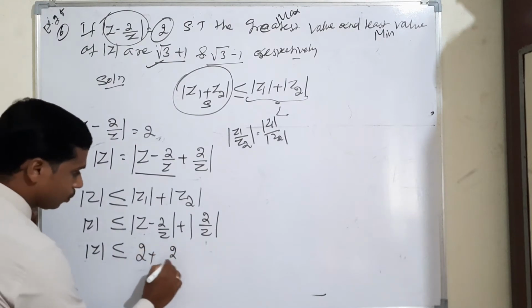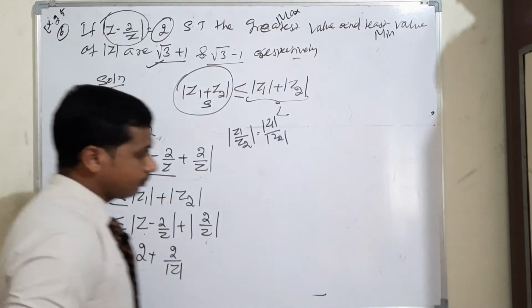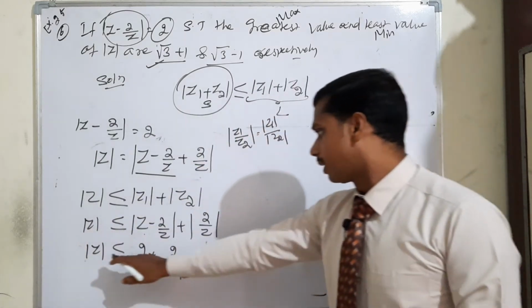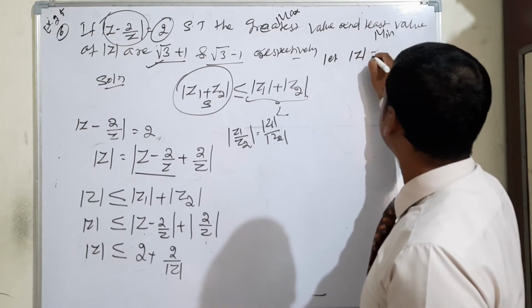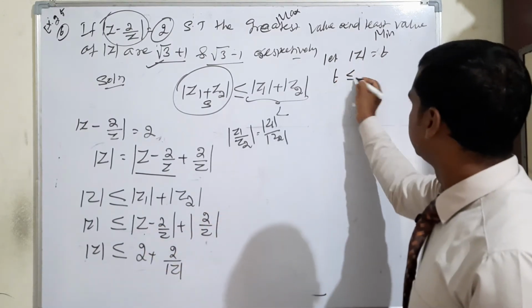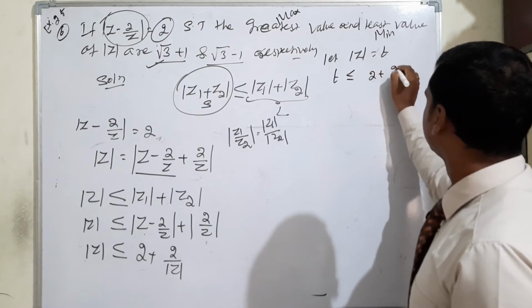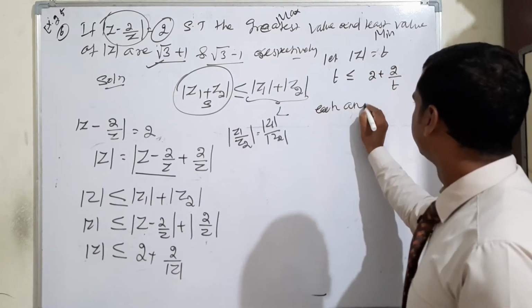So here also we can write 2 by modulus of z. Then let modulus of z equal t. Then t is less than or equal to 2 plus 2 by t.